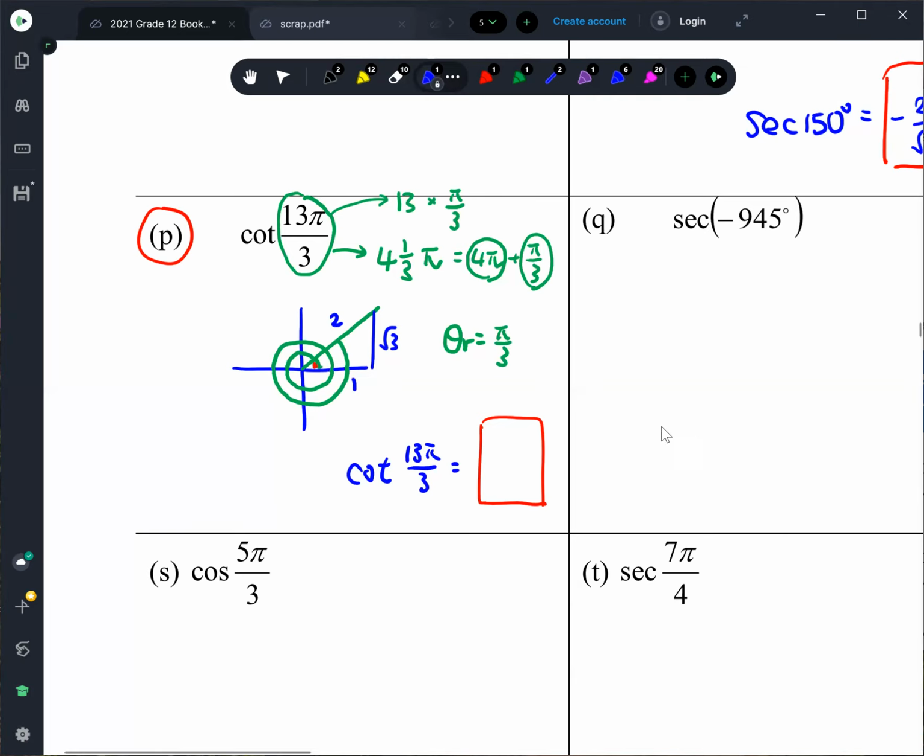Okay, everyone else, if you got the final answer, raise your hand. Okay, we're doing cotangent.